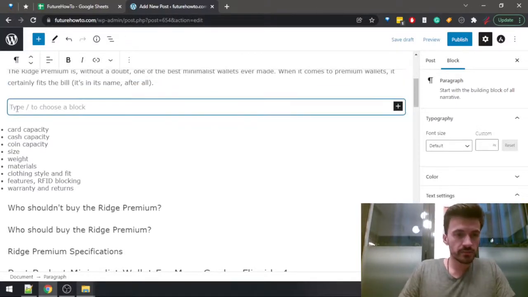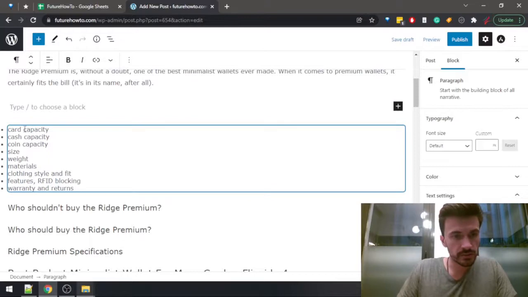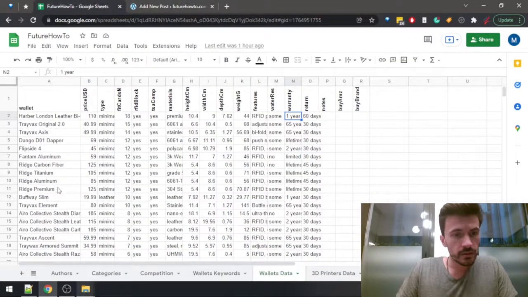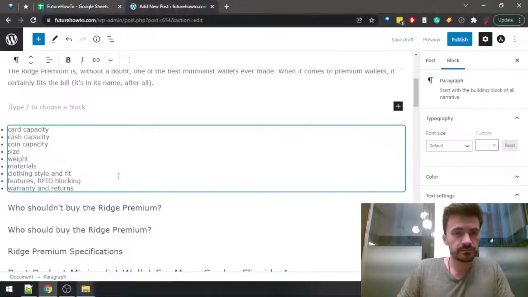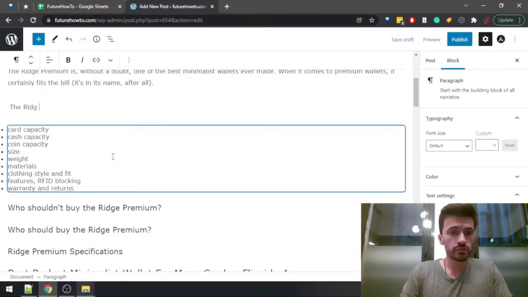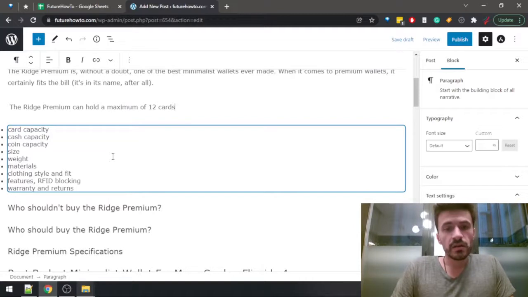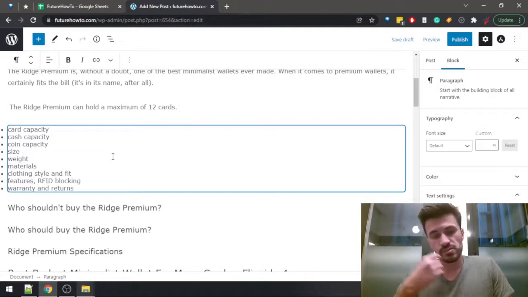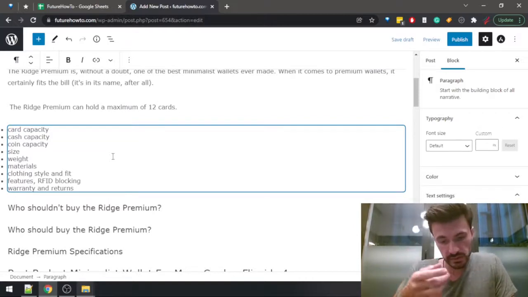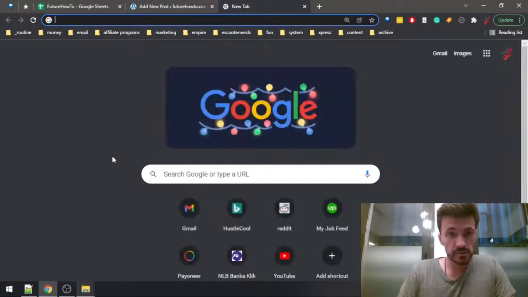So we're gonna talk about the first one here. Now, that's card capacity. So Ridge Premium, that's 12 cards. The Ridge Premium can hold a maximum of 12 cards. In fact, this is what I usually do in these types of scenarios.